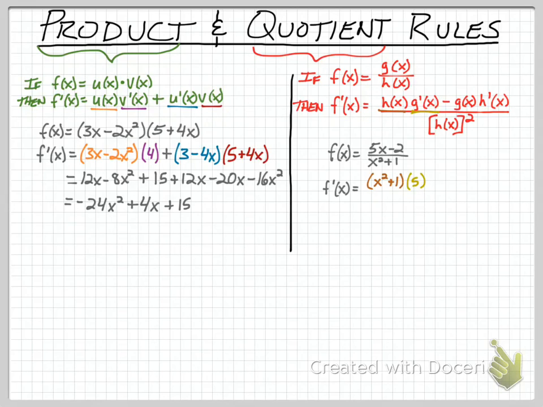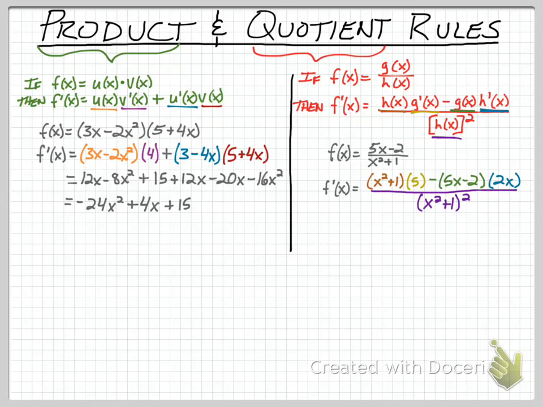Now we're going to subtract g of x, the original function 5x minus 2, times the derivative of h of x, and that is 2x. All of that over h of x squared, which is x squared plus 1 squared.